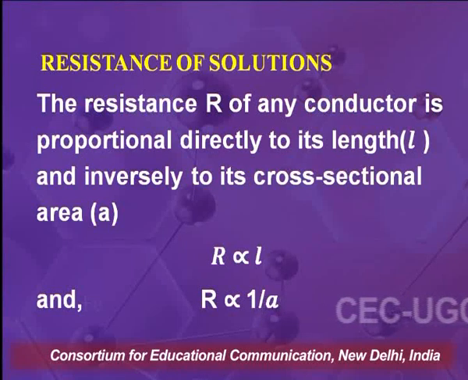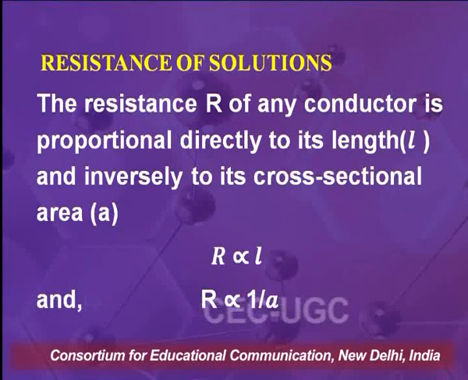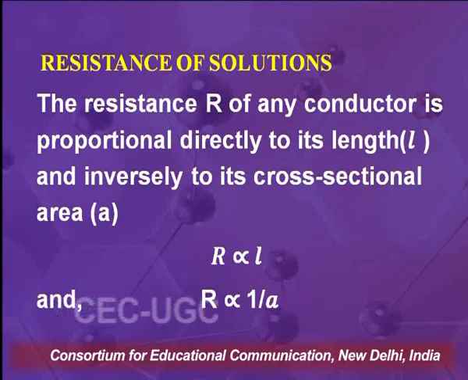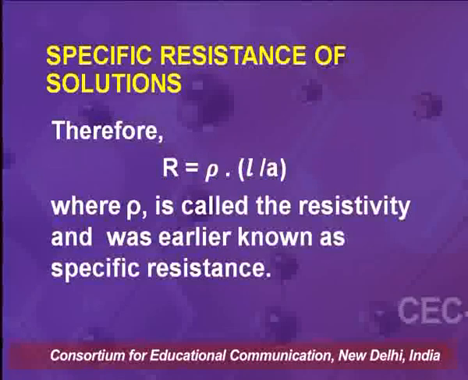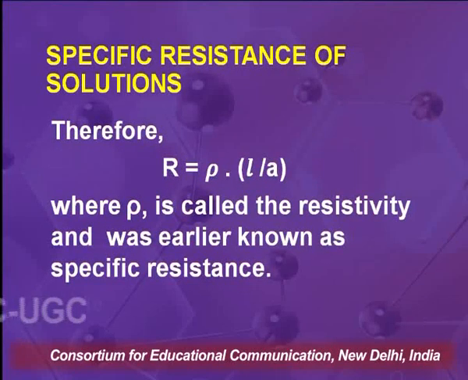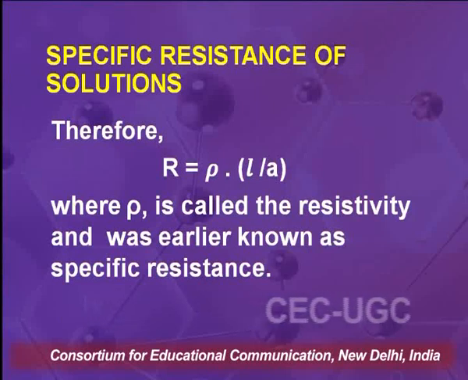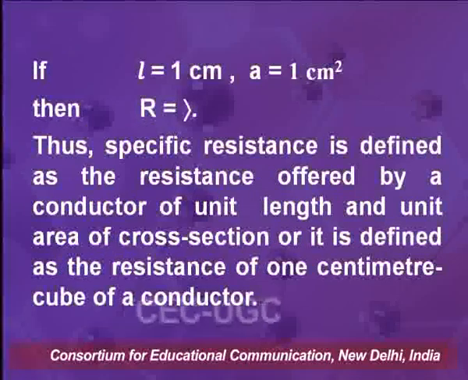The resistance R of any conductor is directly proportional to its length L and inversely proportional to its cross-sectional area A. We can write R is proportional to L and R is proportional to 1 by A. Thus, R is equal to rho L by A, where rho is the resistivity, earlier known as specific resistance.